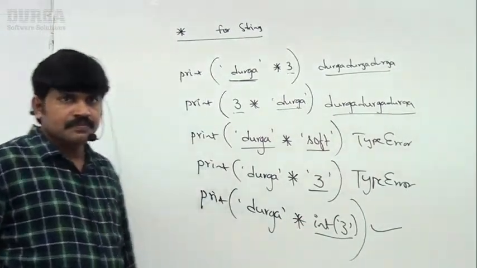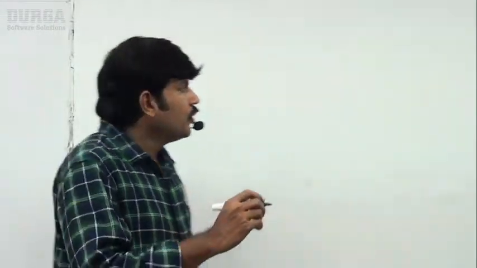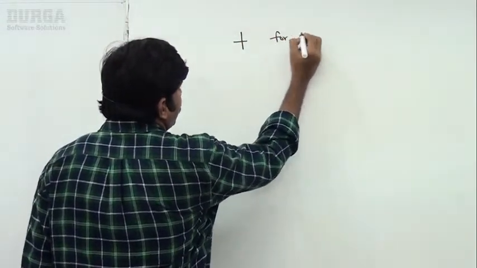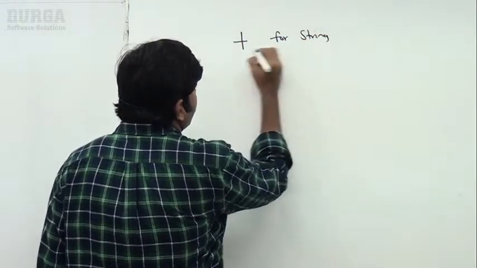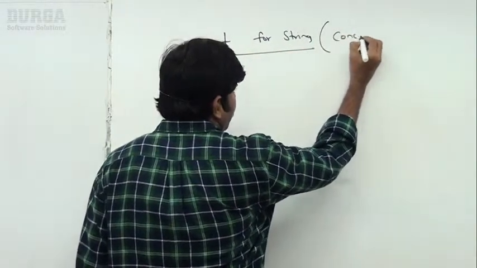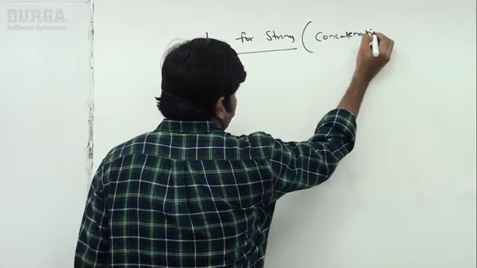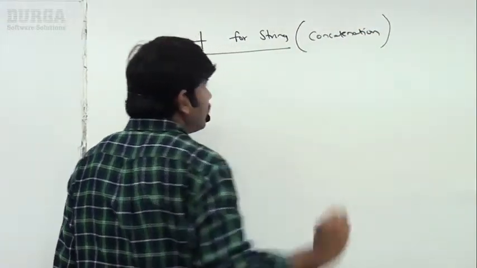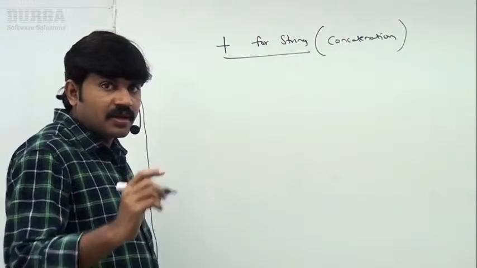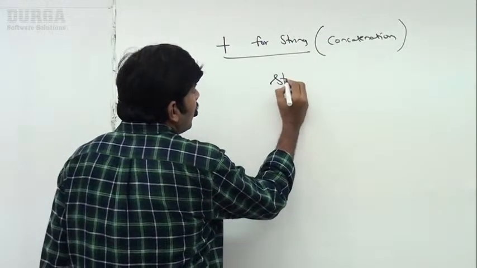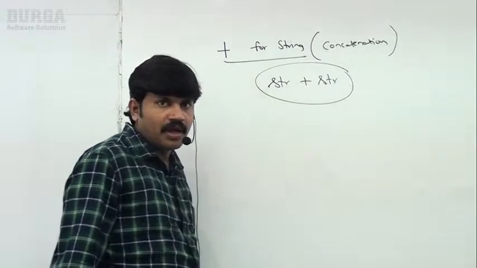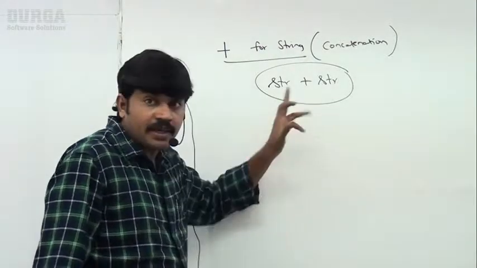Clear? So now observe, if we apply plus operator for string, it is considered as concatenation operator. Remember this one. If you want to apply plus for the string, compulsory both arguments should be str only. Otherwise you are going to get type error.